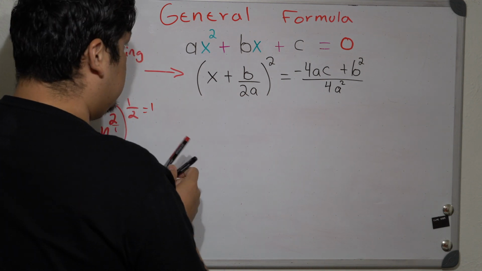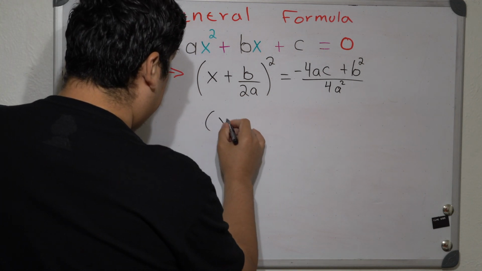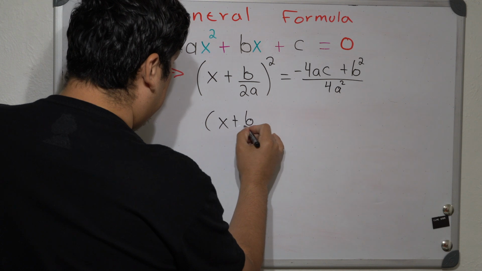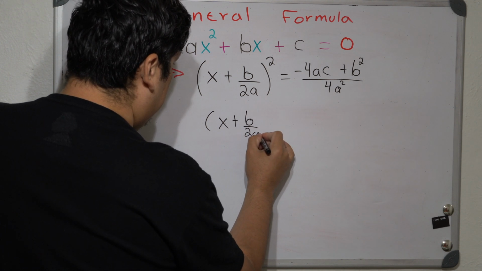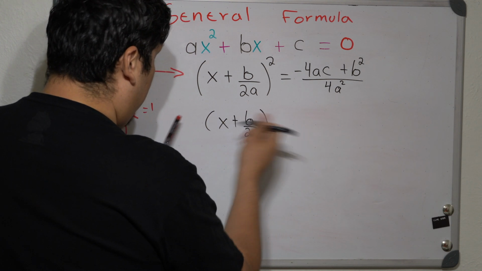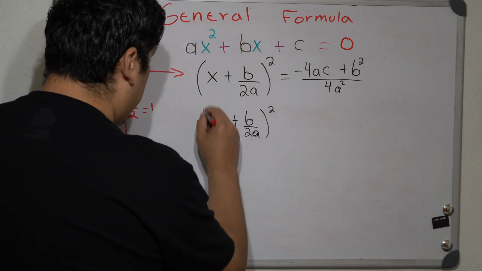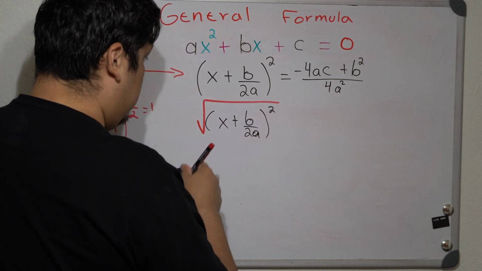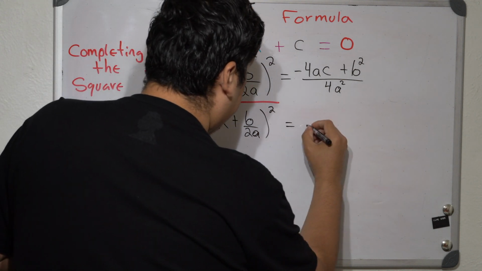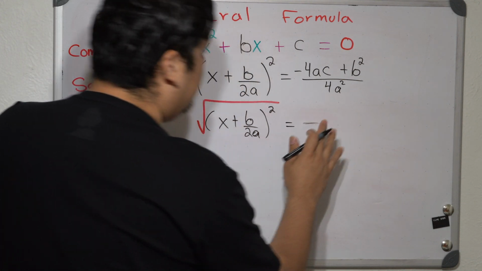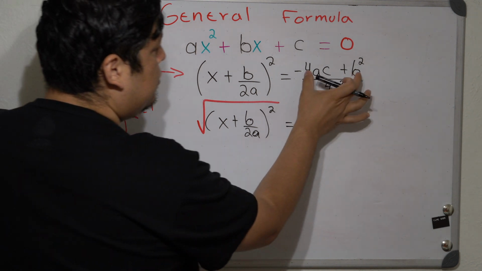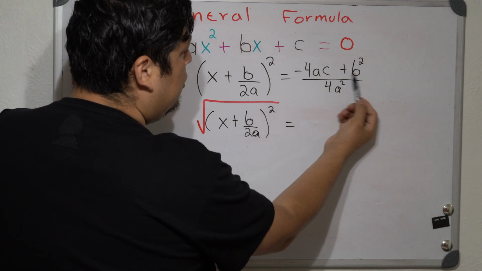So whatever you do on one side, you do to the other. So x plus b over 2a. Once again, I'm showing you these steps for visual representation. That way you can see what's going on. So at this point, what they do is they rewrite this numerator.